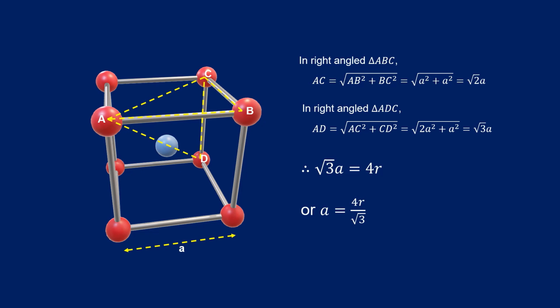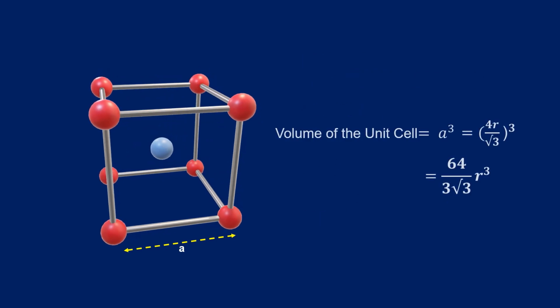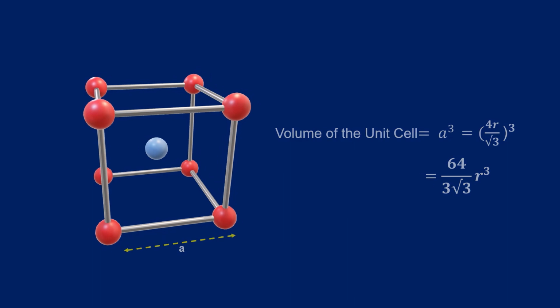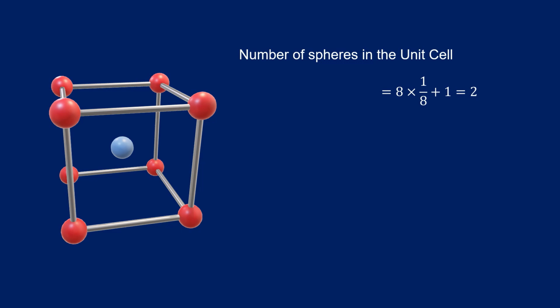Now, using this relation for the edge length a, we can now know the volume of the unit cell. Again, keep in mind that here we have not yet considered the volume of the spheres, and this is just the volume of the empty unit cell. Again, to find the total volume occupied by the spheres in the cell, we need to first know the number of spheres per unit cell, or the rank of the unit cell.